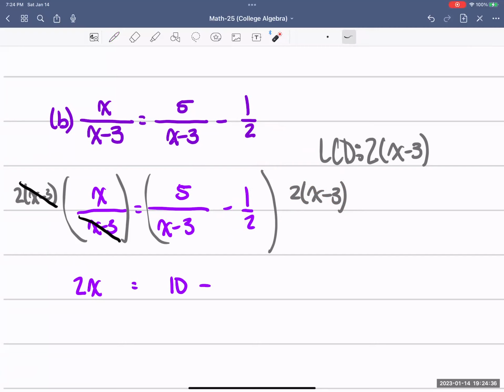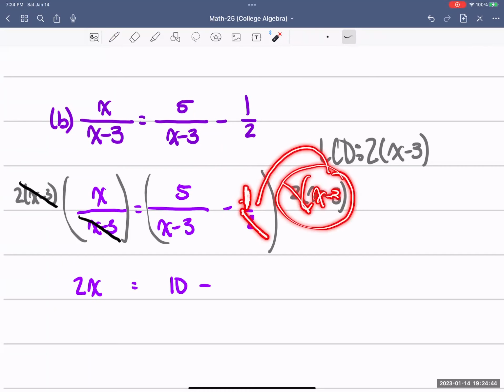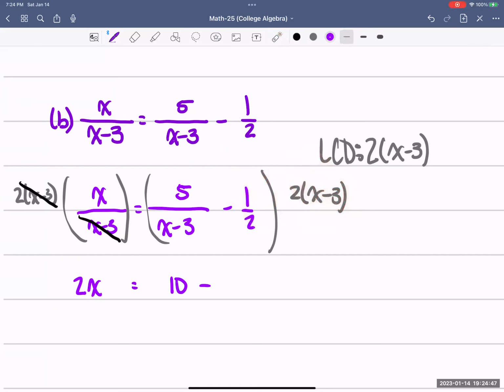And lastly, when we multiply our LCD to the second fraction, our 2's divide out. So now we have 1 times our x minus 3, which is just going to be x minus 3. I'm going to put it in parentheses because we do have something that's being multiplied here. So we're going to distribute that negative through.